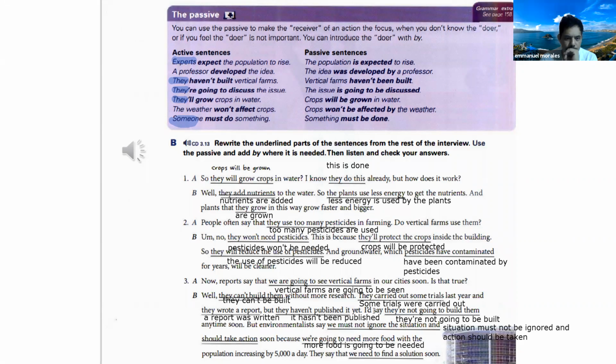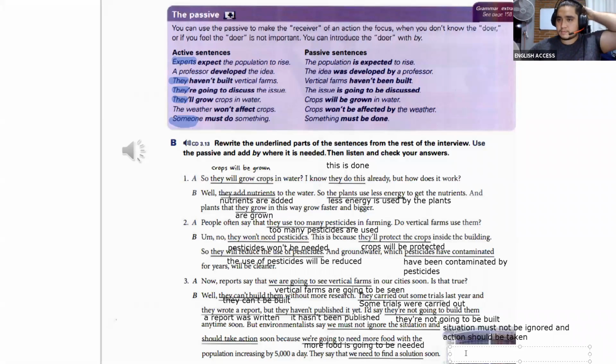Yes. We need to find a solution. Solution must... oh sorry, a solution needs to be found soon.